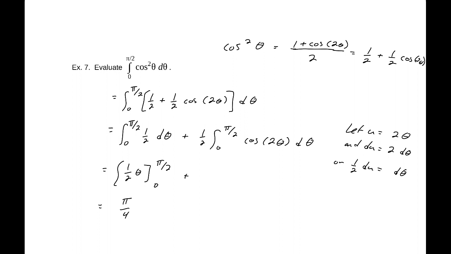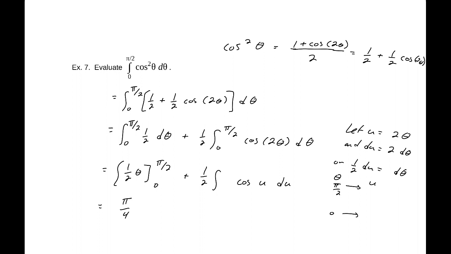So this is going to be the integral, I'll leave the 1/2 constant there, of cosine U du. Now my limits are going to go from thetas 0 to pi over 2 to my U values.